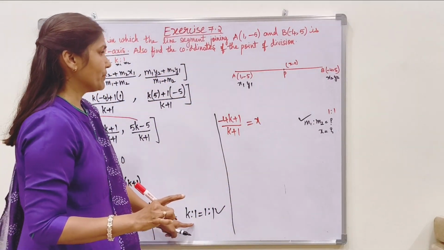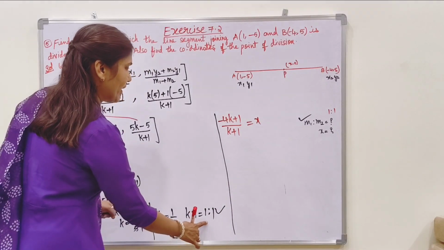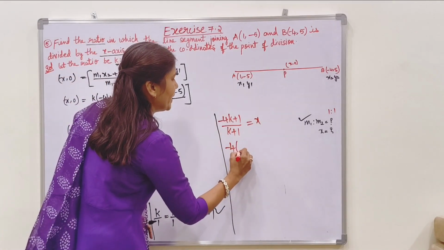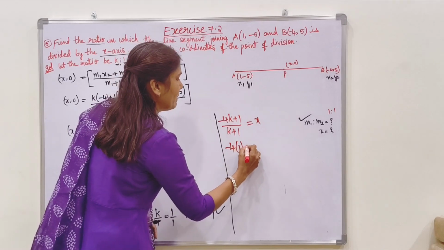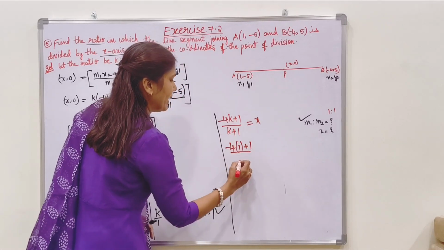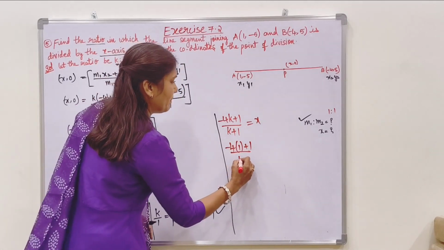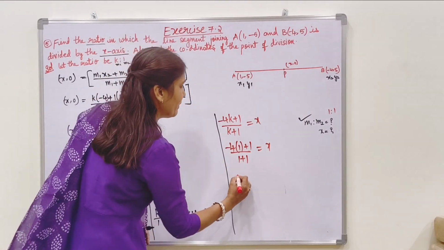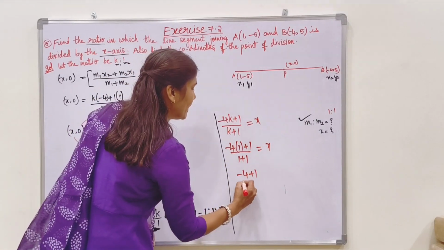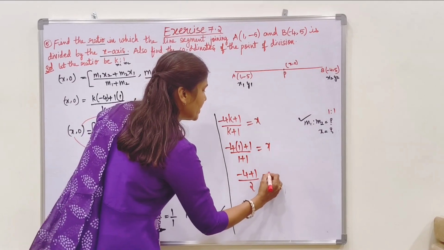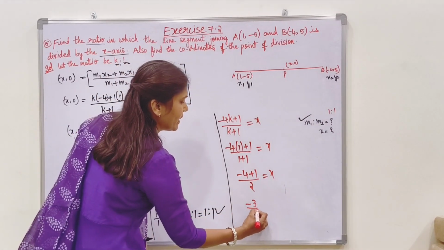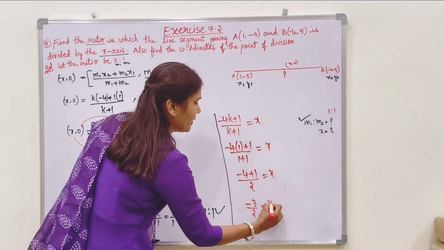Already we know the k value, which is 1. So apply: minus 4 into 1 plus 1 divided by 1 plus 1 is equal to x. Minus 4 plus 1 divided by 2 is equal to x. Simplified, you will get minus 3 by 2 is equal to x.